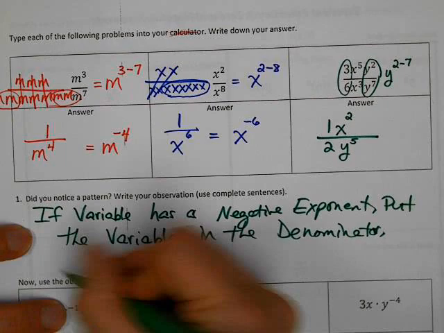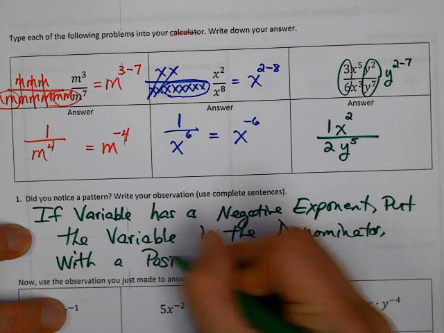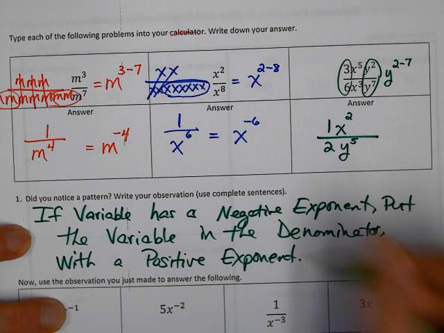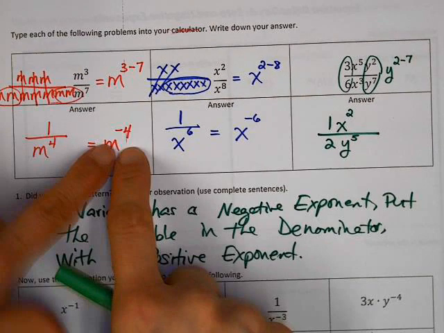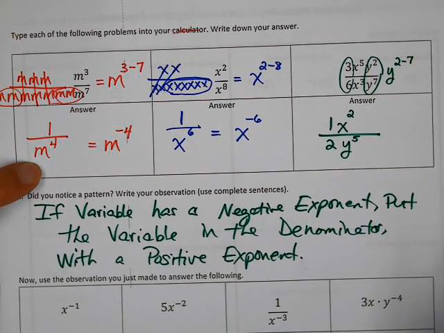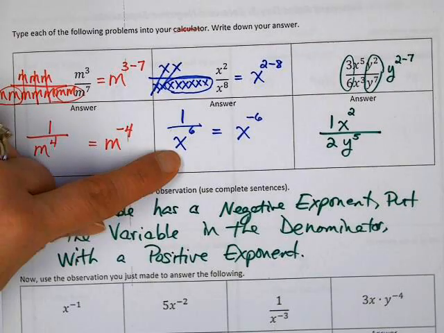Put it in the denominator with a positive exponent. So if you subtract and get -4, that means they belong downstairs. Okay? If you get -6, that means that there's 6 x's downstairs.